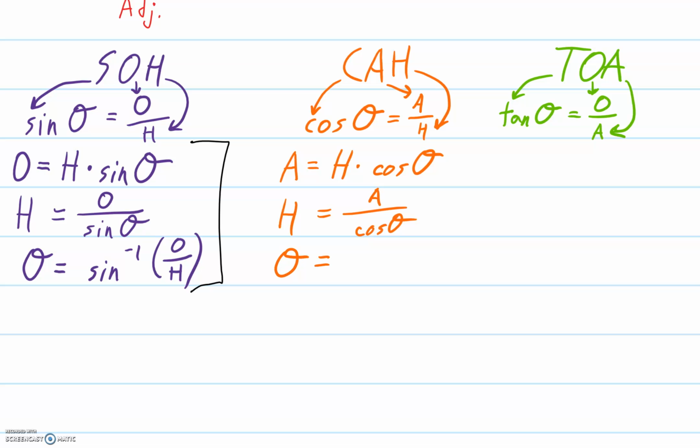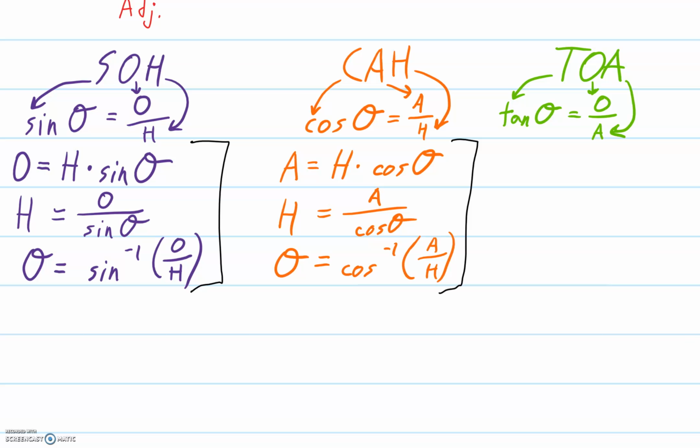Theta equals cos to the -1, or inverse cos, of adjacent over hypotenuse. So again, these three are the three equations that you could use for cos to find any one of those three values.